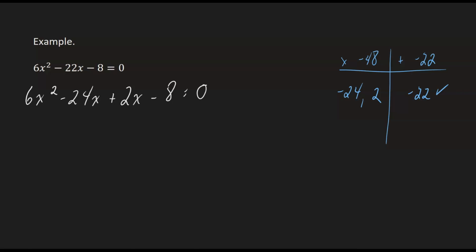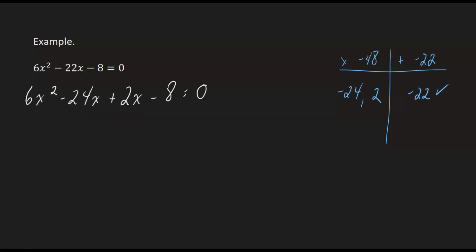This is where I encourage you not to just put them as x minus 24 and x plus 2, okay? This is not how this one works out. So only do that when the leading coefficient is 1. When it's not 1, we want to substitute the middle term with 2 terms, like that, as long as we have them equal.